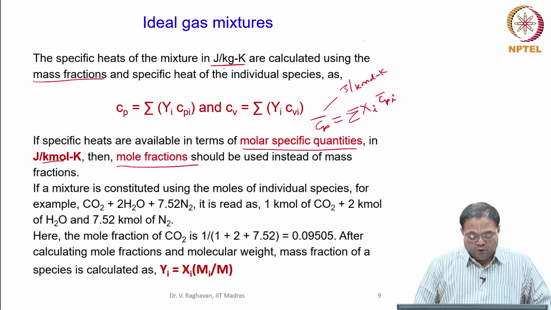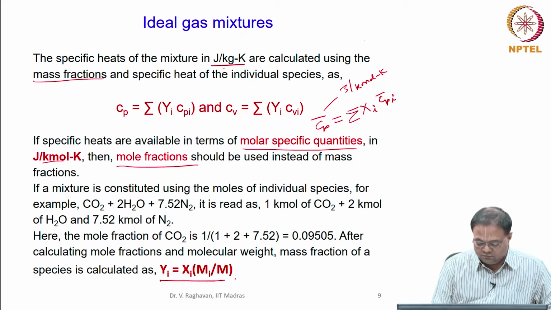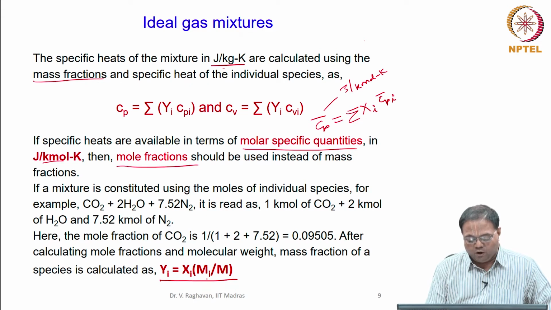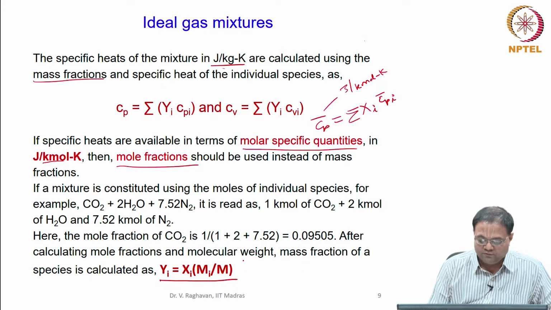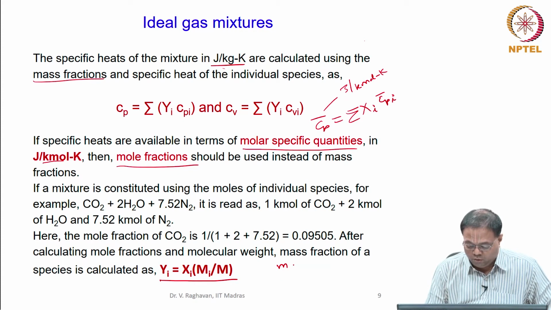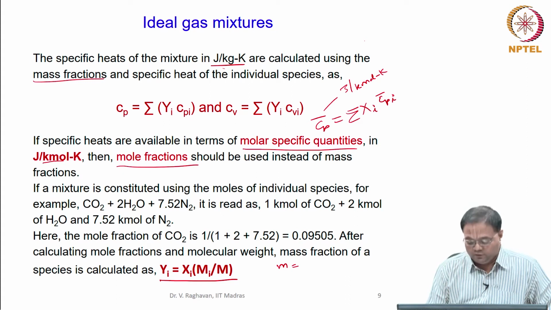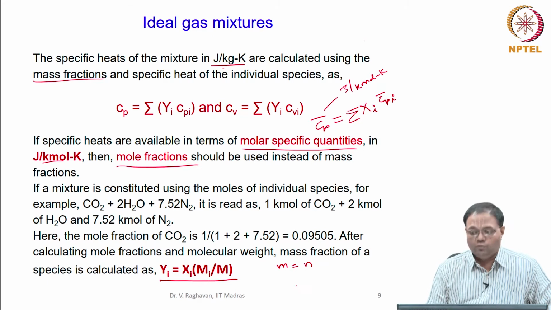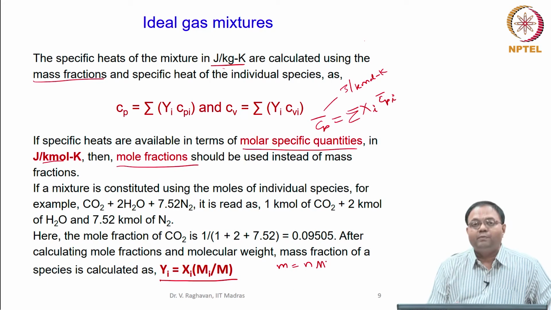One more thing is that mass fraction and mole fraction are related like this, and this is very simple to prove. Yi equals Xi times molecular weight of the ith component divided by molecular weight of the mixture. For the proof, I say M, in kg, equals the number of moles in kilomoles times the molecular weight in kg per kilomole.